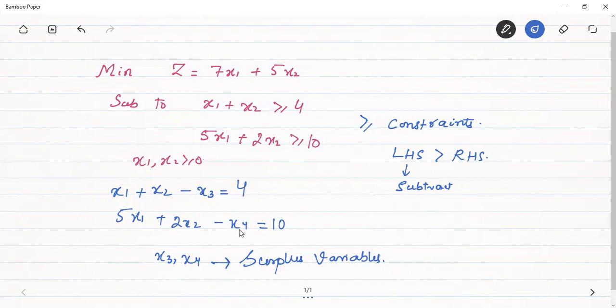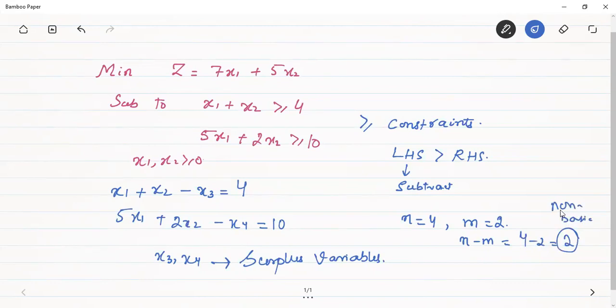Currently we have 4 variables and 2 equations, and n minus m variables have to be fixed to 0, that is, they are the non-basic variables. So currently we have to fix 2 variables as non-basic.